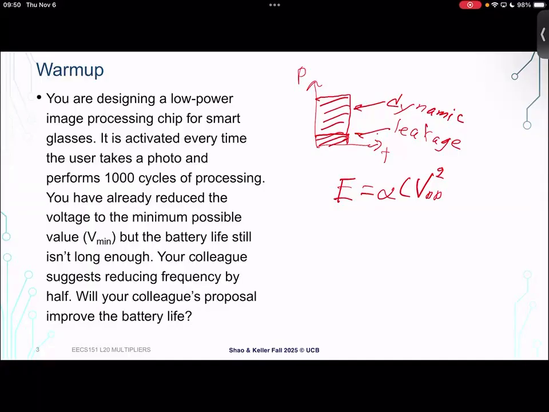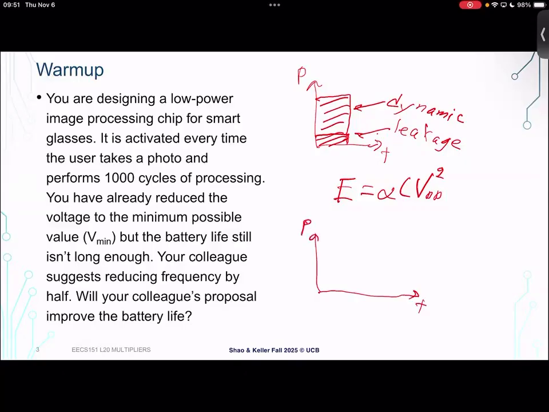If it's 1,000 cycles, it doesn't matter if you're toggling once per second or once per millisecond or once per nanosecond. It's still 1,000 toggles. It's still 1,000 discharges of those capacitors, right? So if you think about what this means in terms of the problem statement, this is your colleague's proposal.